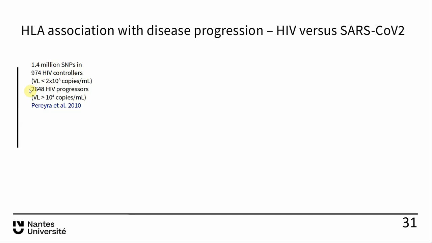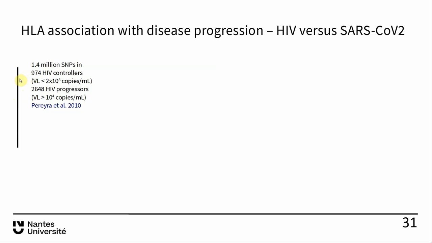And these controllers were compared to 2,648 HIV progressors who had a set point viral load greater than 10 to the 4 copies per ml. So in a GWAS study, a huge number of single nucleotide polymorphisms are genotyped on the genomic DNA of all the people in the cohort.